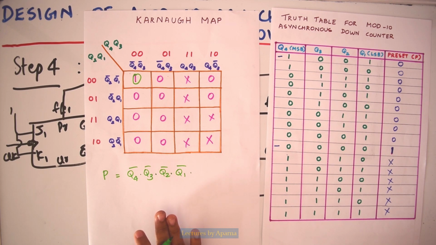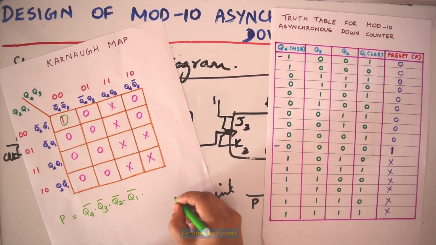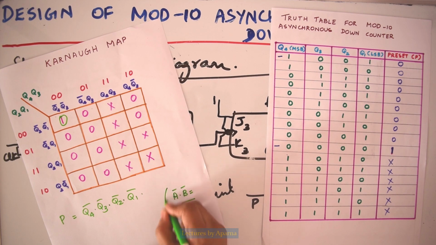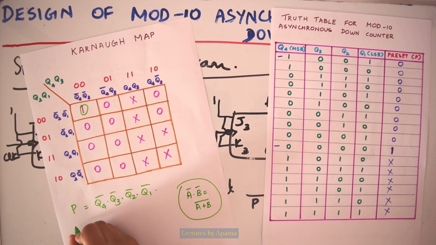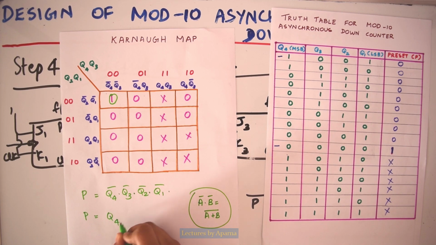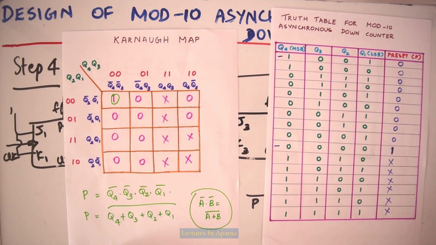So using De Morgan's law here, De Morgan's law says that if A bar dot B bar, we can write it as A plus B the whole bar. So here I can write the equation for preset as Q4 plus Q3 plus Q2 plus Q1 the whole bar.